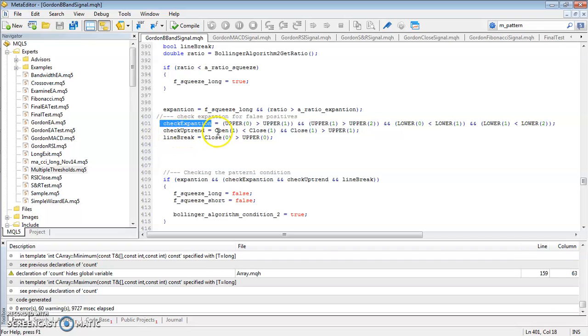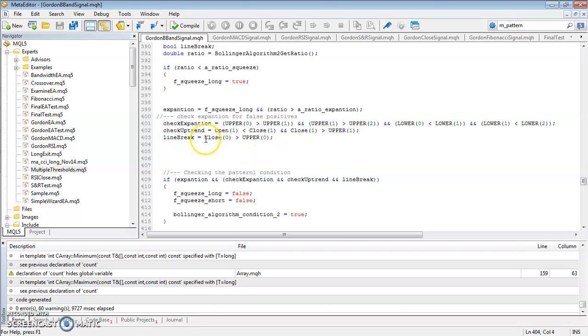And when he's checking the uptrend, he pretty much checks that the current candlestick's open is greater than the close, meaning that the candlestick is going up, and here that the previous candlestick has also broken through the upper band by checking that its close is greater than the upper band value, and checking the line break in order to trigger the open.